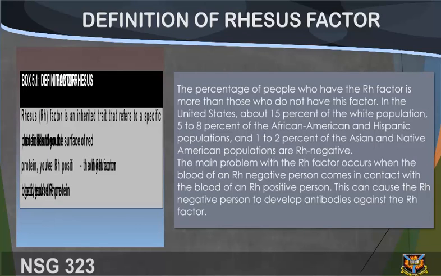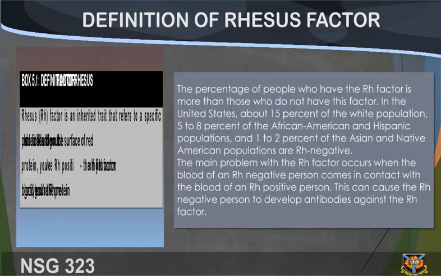Definition of rhesus factor. Rhesus Rh factor is an inherited trait that refers to a specific protein found on the surface of red blood cells. If your blood has the protein, you are Rh positive, the most common Rh factor. If your blood lacks the protein, you are Rh negative.